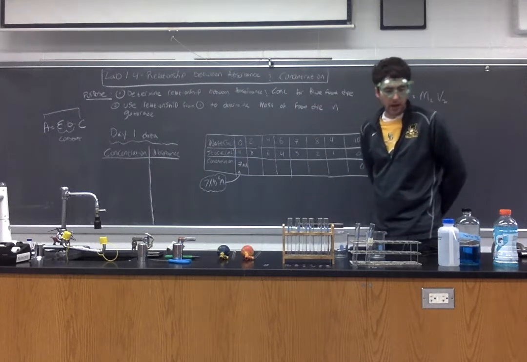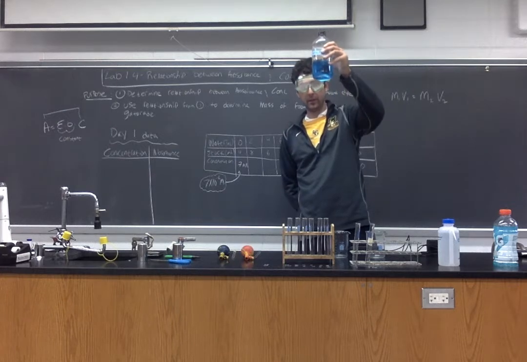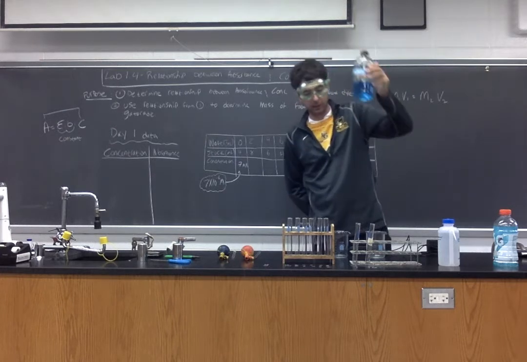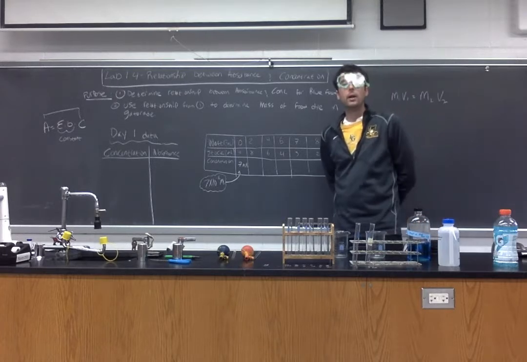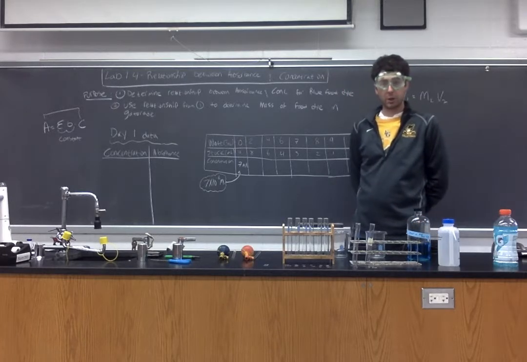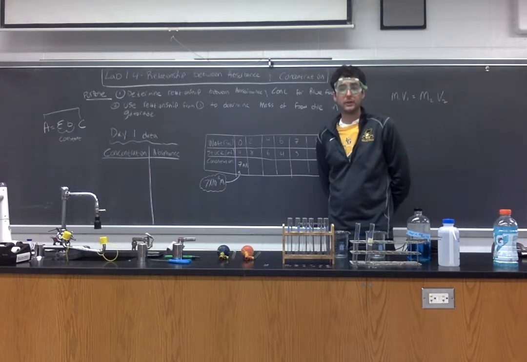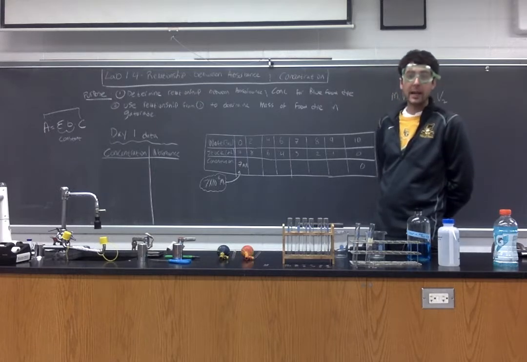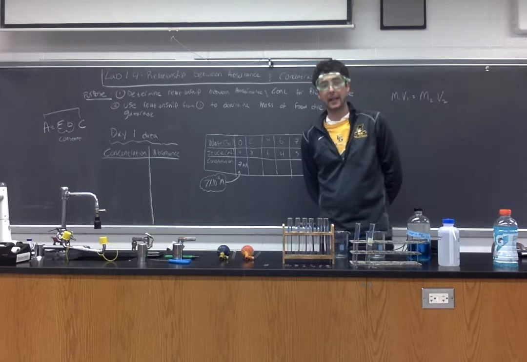So I am going to be diluting this solution by adding 2 milliliters of water to 8 milliliters of the actual stock solution. How is that going to impact the concentration? Concentration is a measure of the amount of moles of solute per liter of solvent. If we increase the volume, if we increase the solvent, we are thus decreasing the concentration.